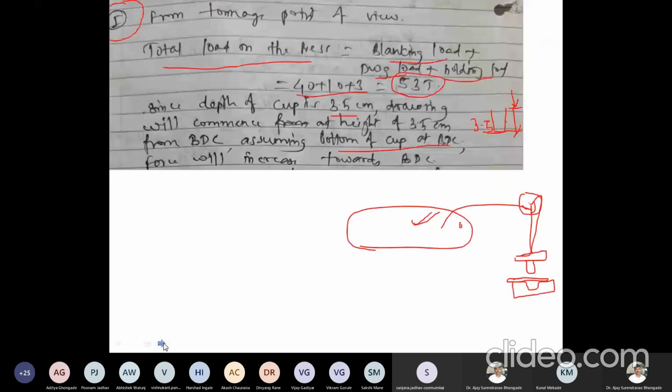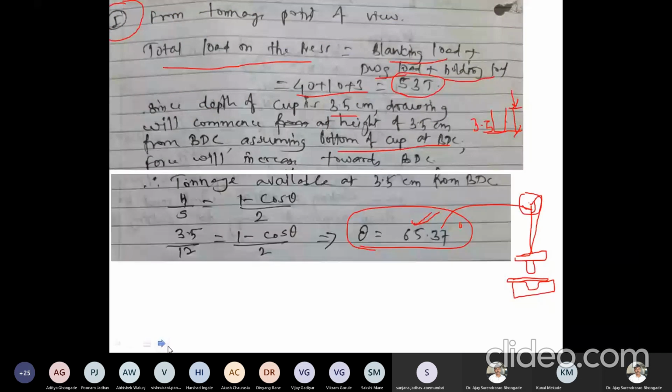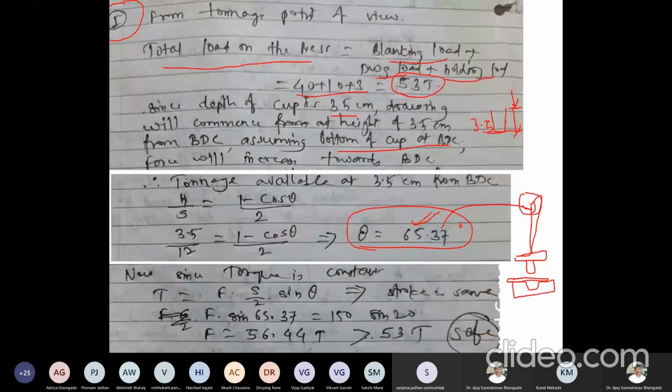So if we equate the torque, F S by 2 sine theta, the stroke is same. So torque equal to F into sine 65.37 is equal to 150.